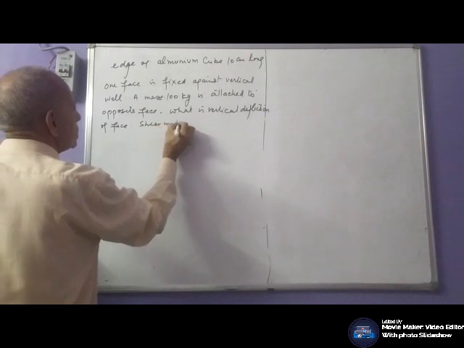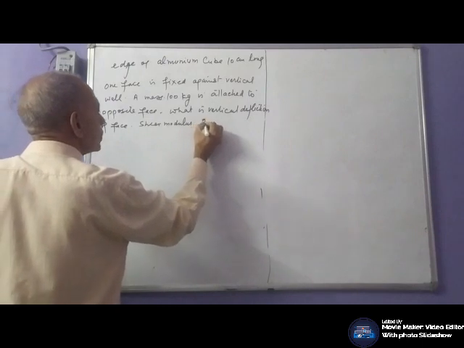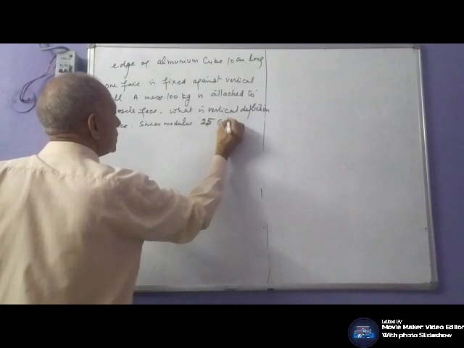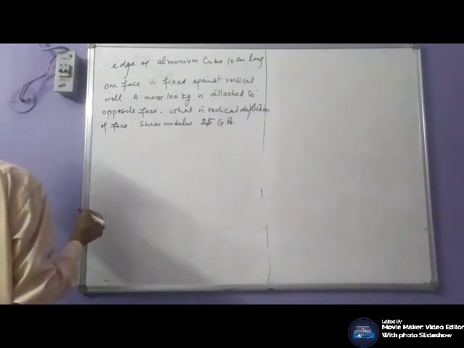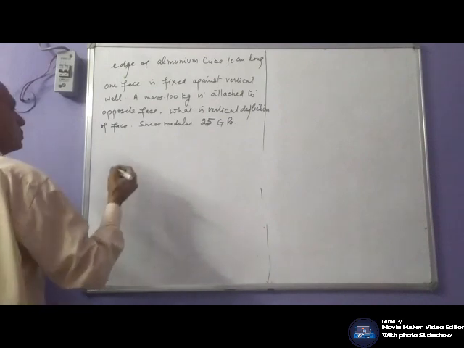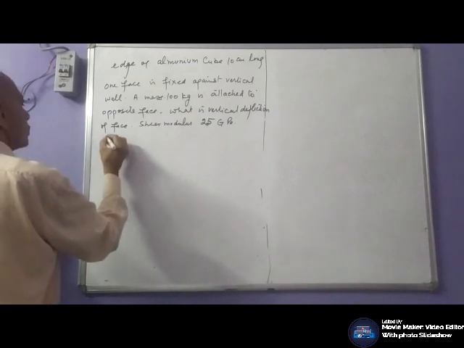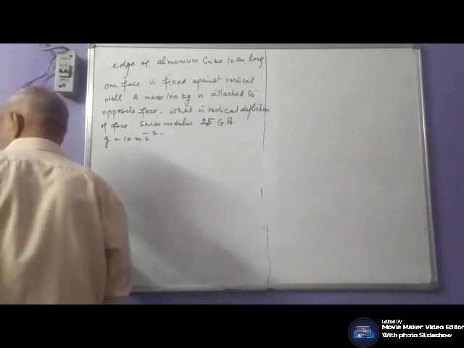Shear modulus 25 gigapascal. g is 10 meter per second square.